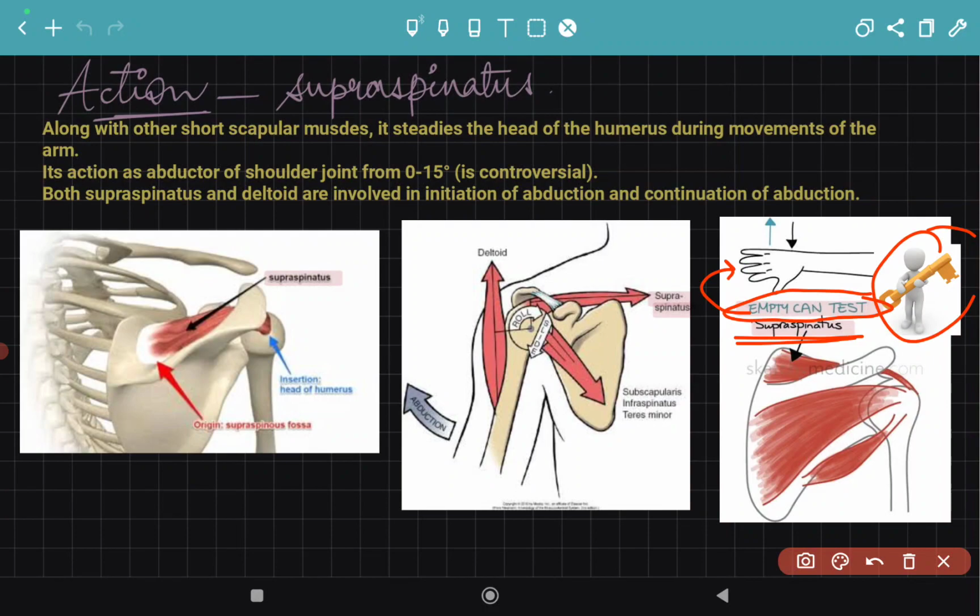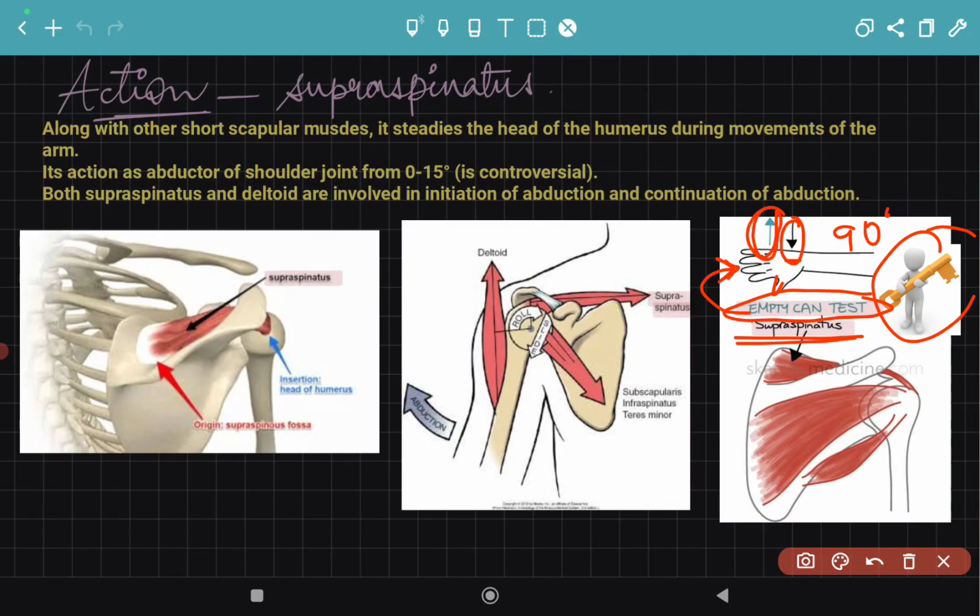In that position, the shoulder is abducted to 90 degrees and medially rotated, that is thumbs down, medially or internally rotated. This black arrow over here is the resistance applied by the therapist on the patient, and the patient is asked to perform the abduction movement, which is indicated by this blue arrow. So the patient is asked to perform abduction against the resistance applied by the therapist.